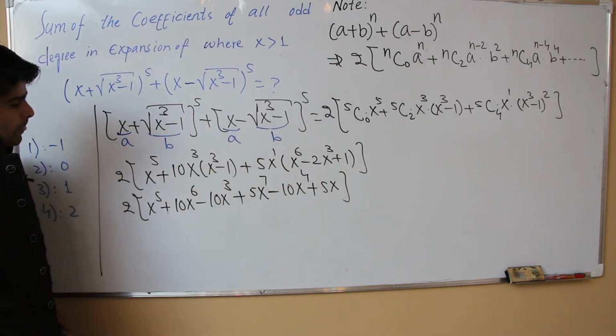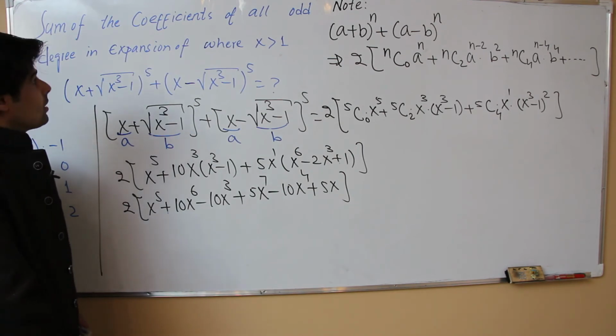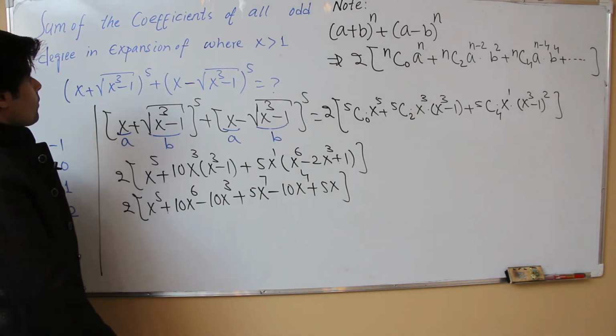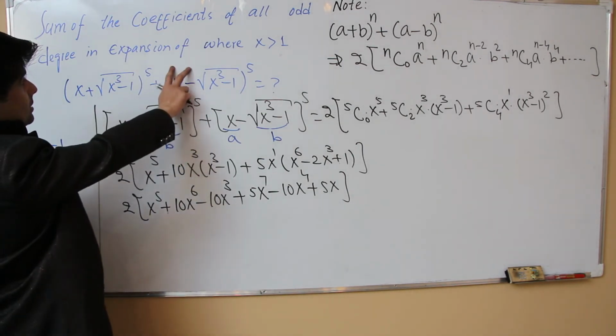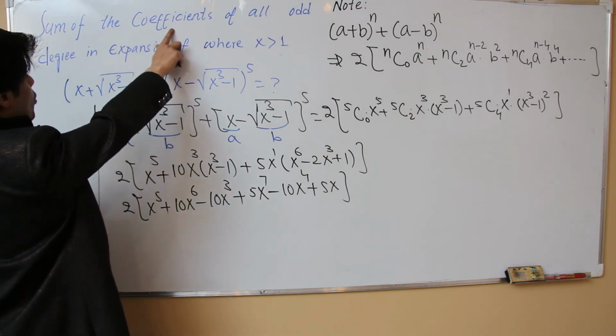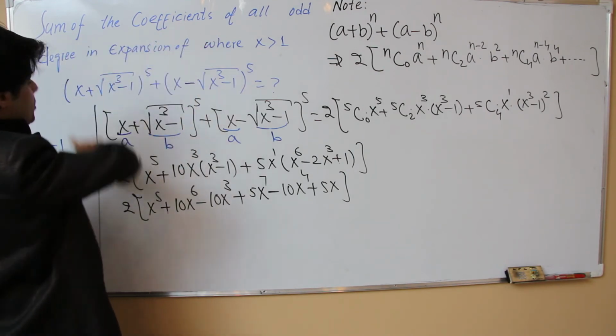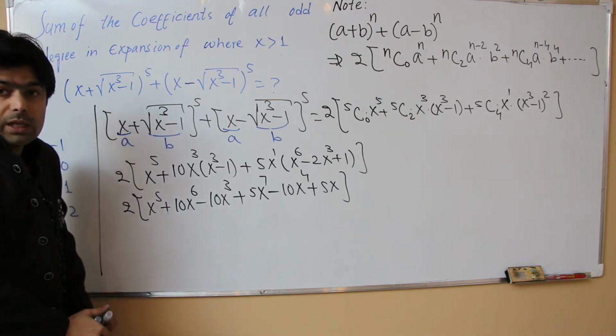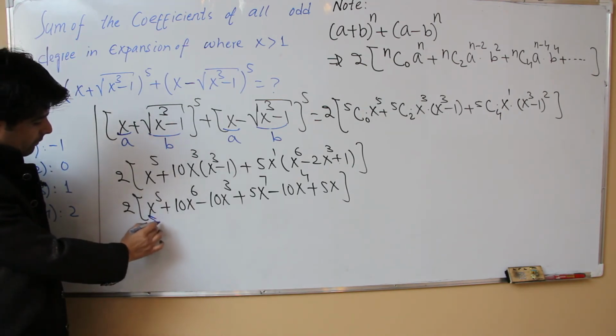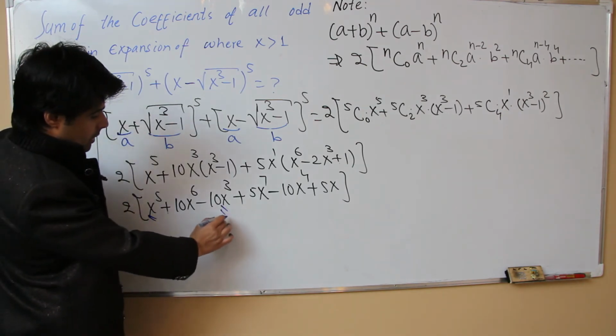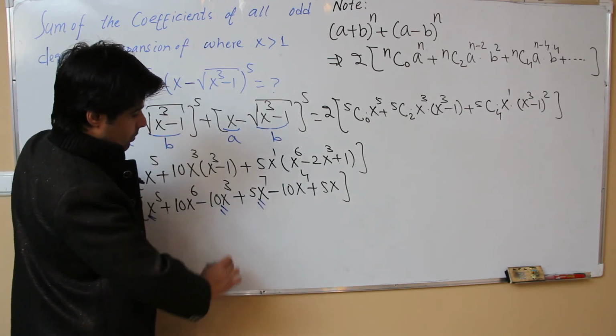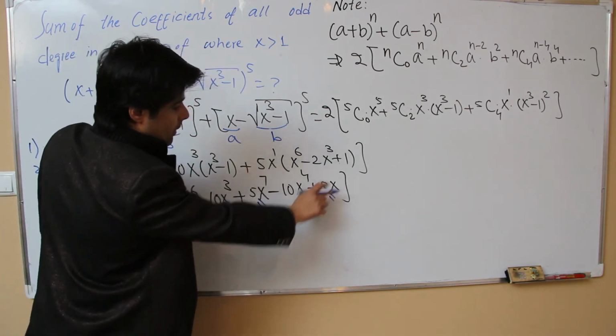Now, what has been asked? The question is, what is the sum of coefficients of all odd degrees? Where are the odd degrees? Odd degrees, we have x to the power 5, x to the power 3, x to the power 7, and x to the power 1.